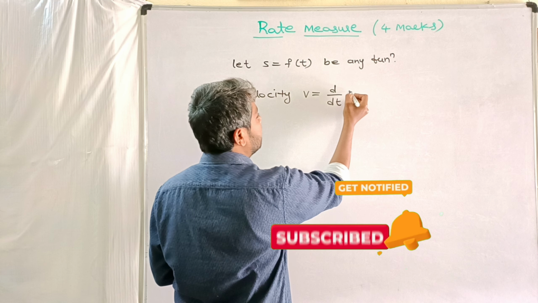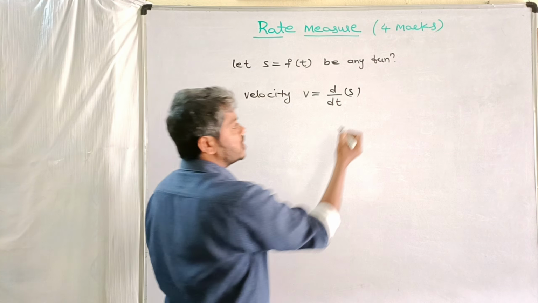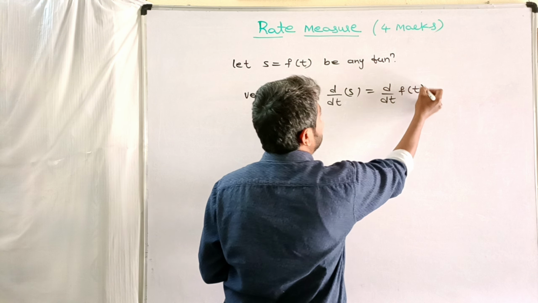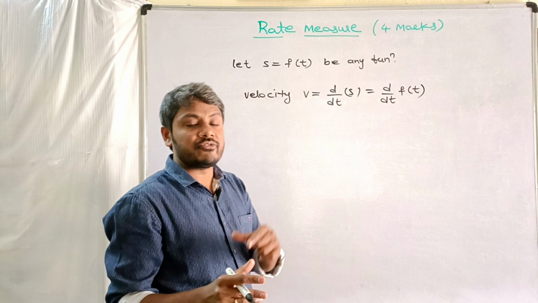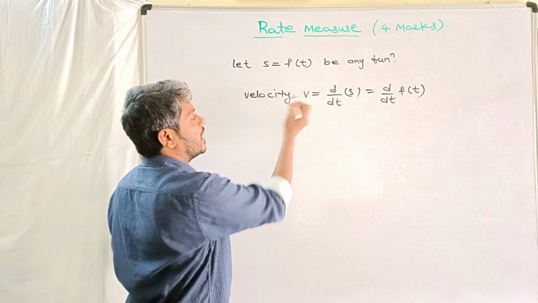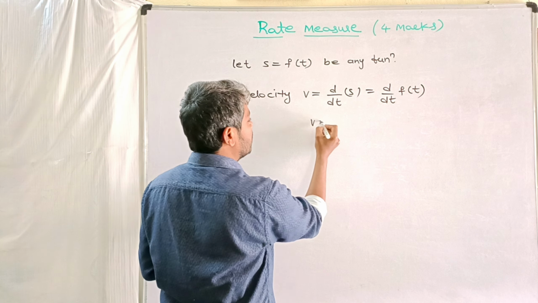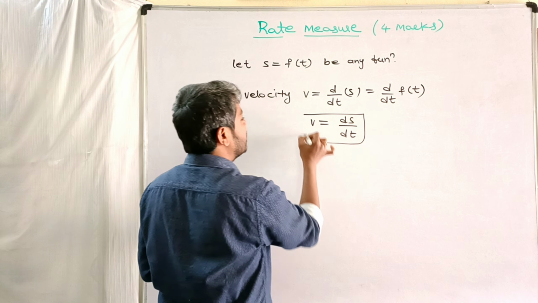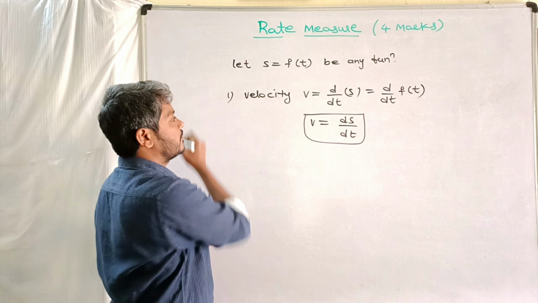That is d by dt of s, which is also equal to d by dt of f of t, the rate of change of displacement function, which is called velocity. So v is equal to ds by dt. So this is the first formula.